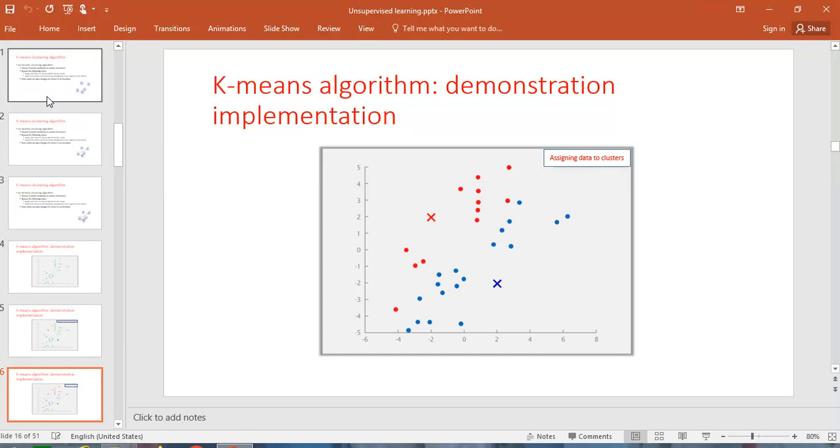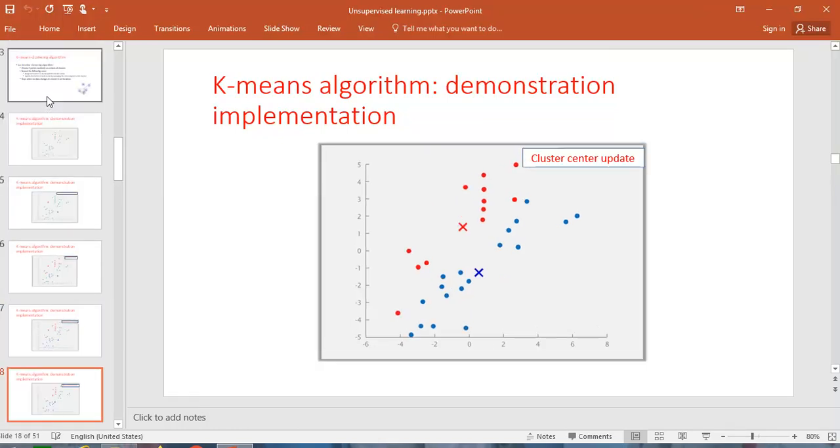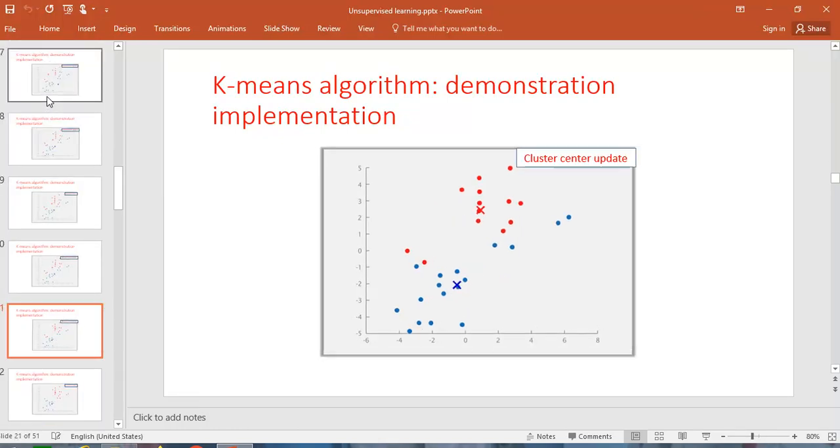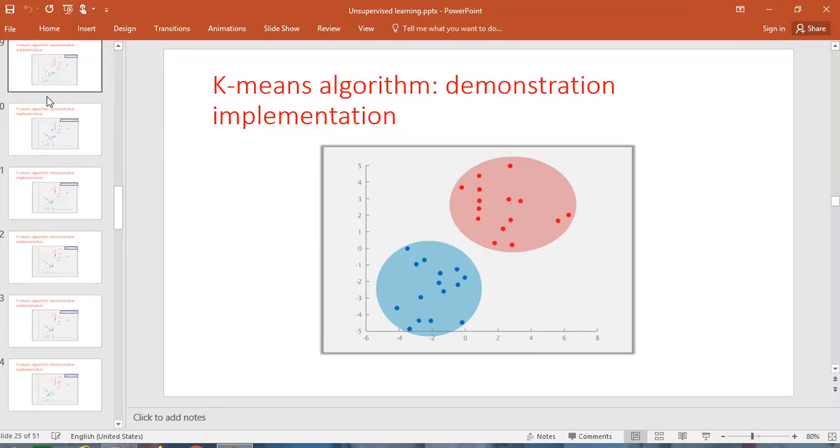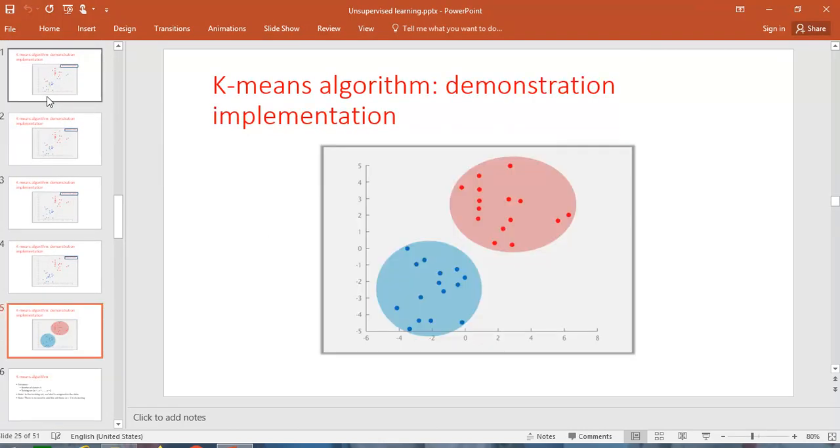We have randomly considered these triangles as the centers of the clusters. We will introduce the best method to consider the initial center of clusters.